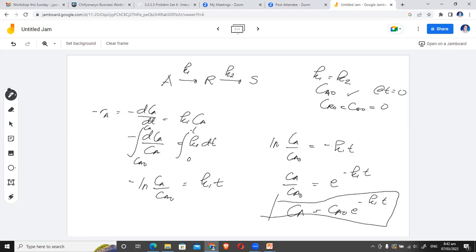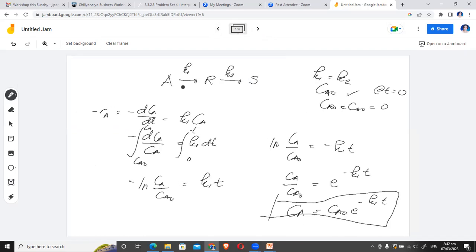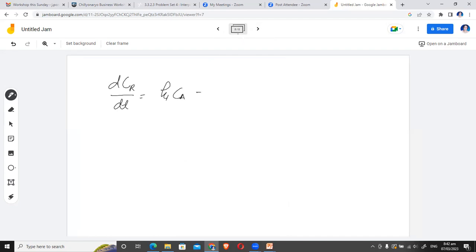Now we go to the intermediate R. dCR/dt is equal to K sub 1 C sub A, and in here you will have it negative because it's a reactant already, minus K sub 2 C sub R. We transfer this to the left side.